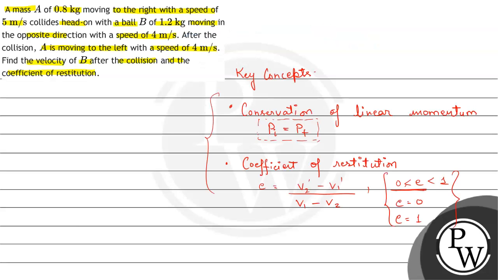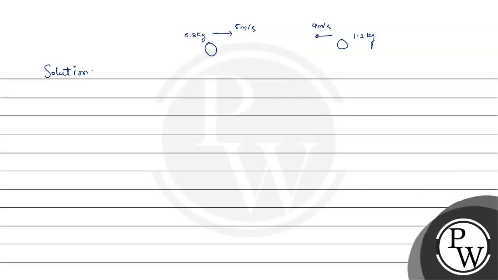After collision, ball A is moving to the left with a speed of 4 meter per second. Its mass is again 0.8 kg, and ball B is moving in this direction with, let's suppose, V2'. So now let us find the velocity of ball B.